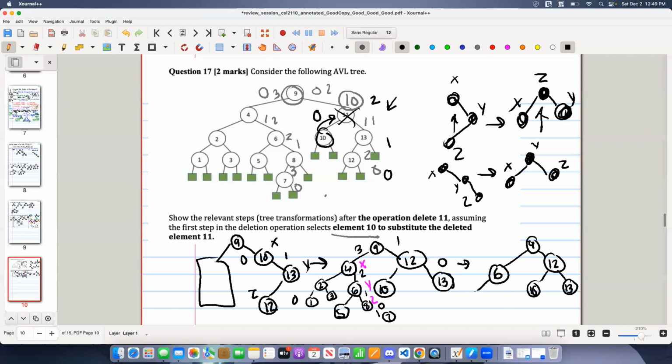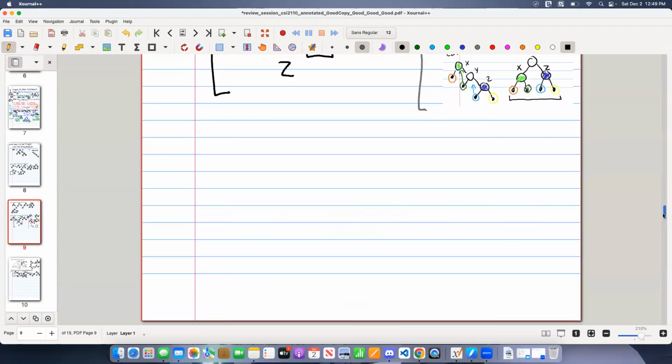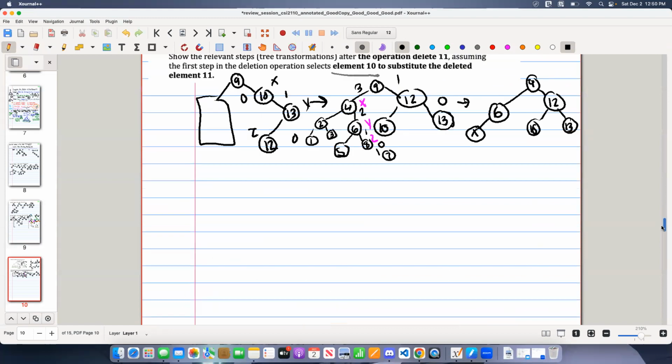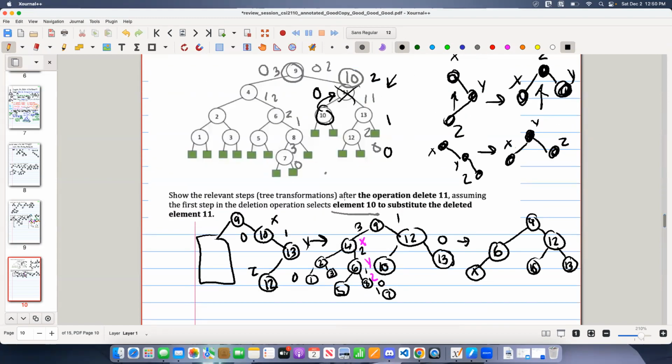You know that X is going to be down below. And with the example above that I gave you, you see here, X has its children on the right. So you know that whatever X is connected to, it's going to be on the right.